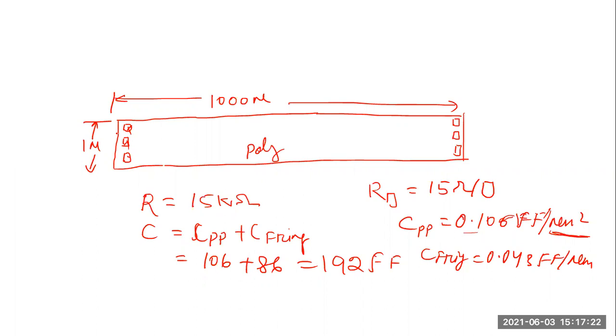CPP will be per micrometer square. So why am I, from morning, discussing the same thing? Why is it micrometer square? Because we are using area. That is the bottom part of the component, whether metal or poly, that's why we are using L times W. But in the fringing it is only the perimeter.